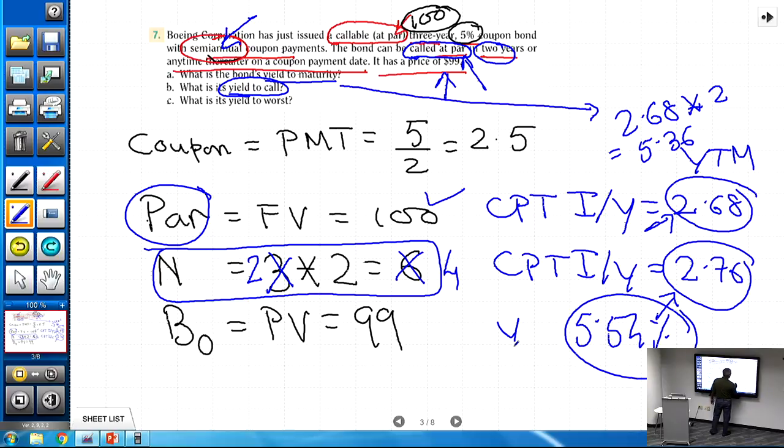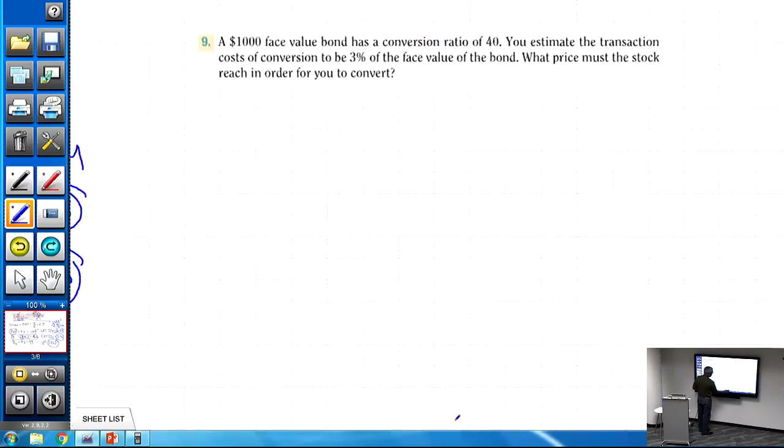That's yield to call, YTC, and this is YTM. Okay, so that's problem number 7. I'm going to skip this part, yield to worst, don't worry about it.